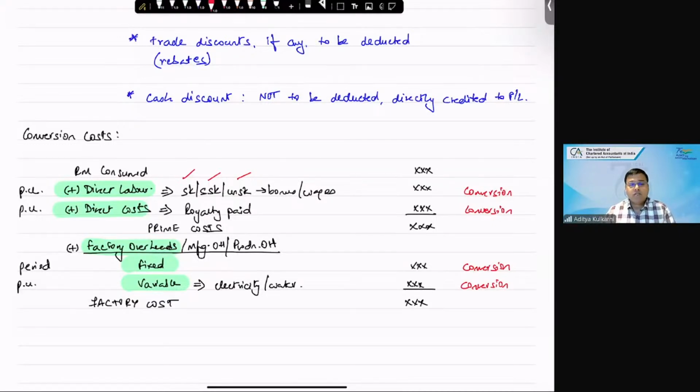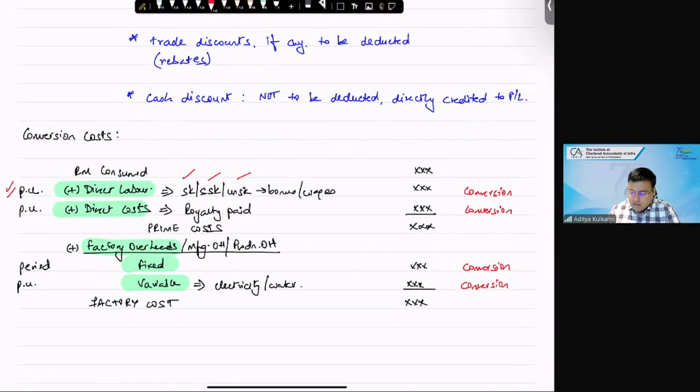To the prime cost, you will add your factory overheads. That is overheads related to production. It could be manufacturing overheads. It could be production overheads. So fixed overheads and variable overheads. So it is key to note that direct labor is a per unit cost. Typically, it varies directly with the output.